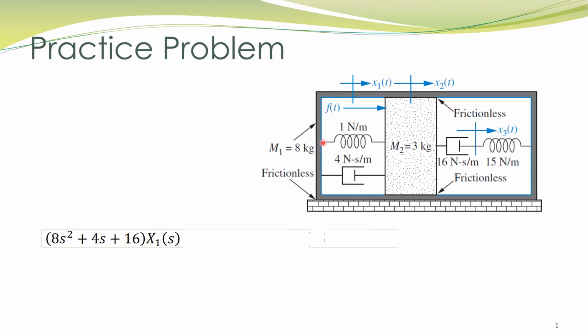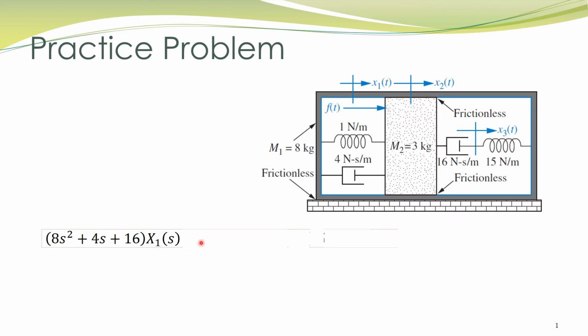Another impedance which is connected to this displacement is the impedance of this spring, which is 1, and another impedance, this spring is also, this end also has the same displacement x1, so this spring is also connected with this displacement x1. So one plus 15, so we have 16. So this is the sum of impedances connected with this displacement.